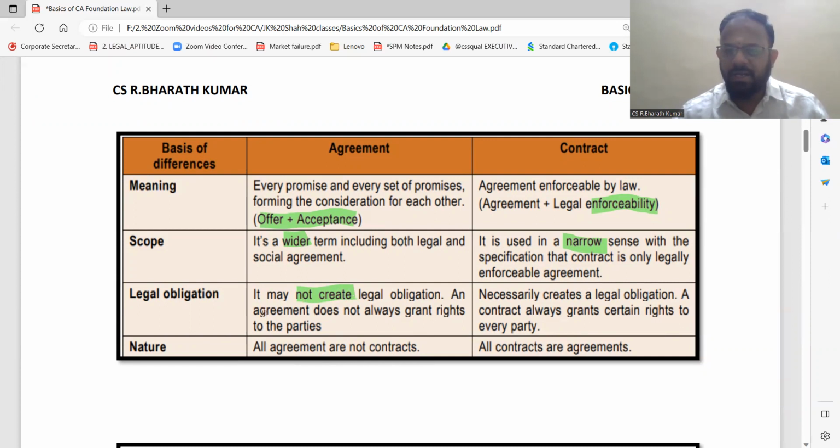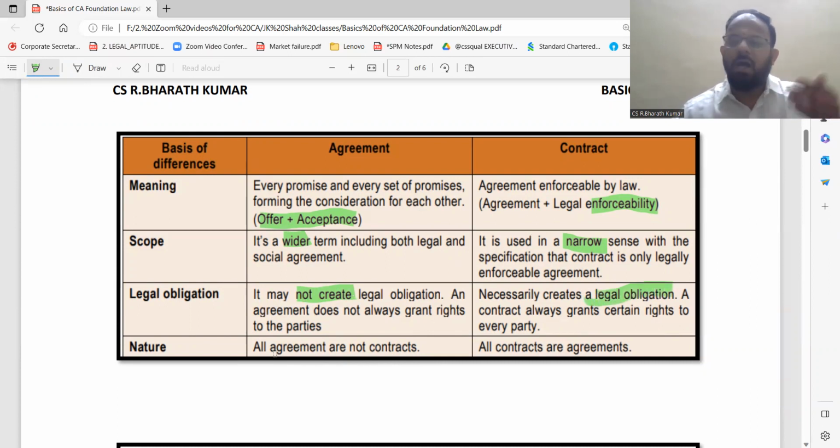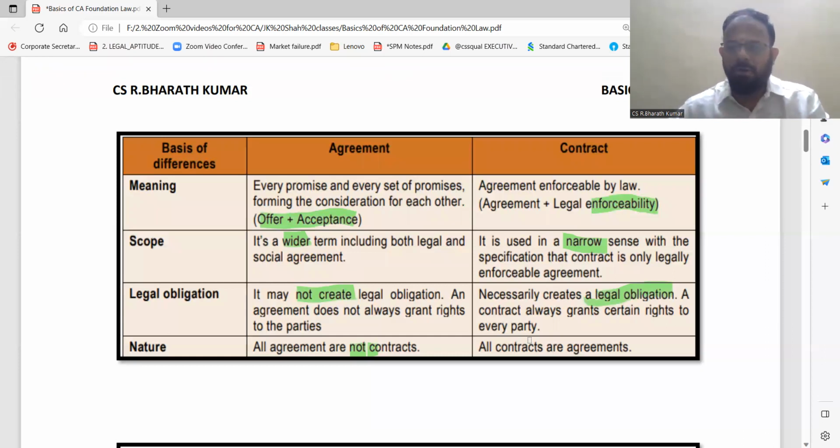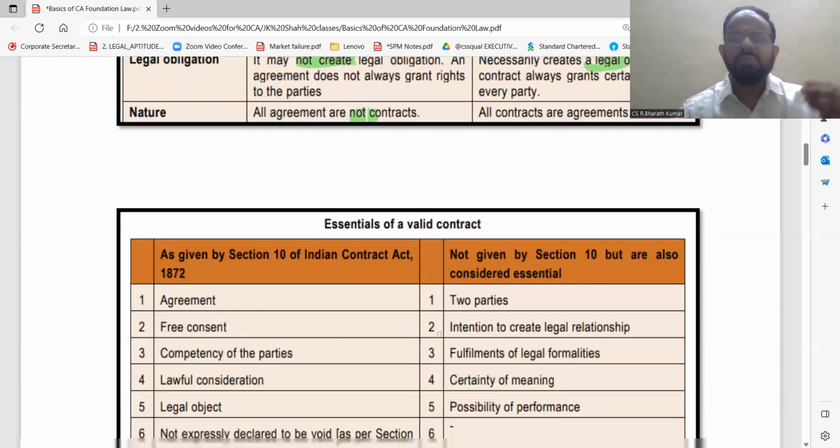A contract definitely creates a legal obligation, because it goes and is enforced in the court of law. So all agreements are definitely not contracts, because agreements are wider, and contracts are definitely agreements, because agreement plus enforceability is contract. When you know the base of what we are studying in Indian contract, all these are going to be the repeated keywords that they will say from the study material.